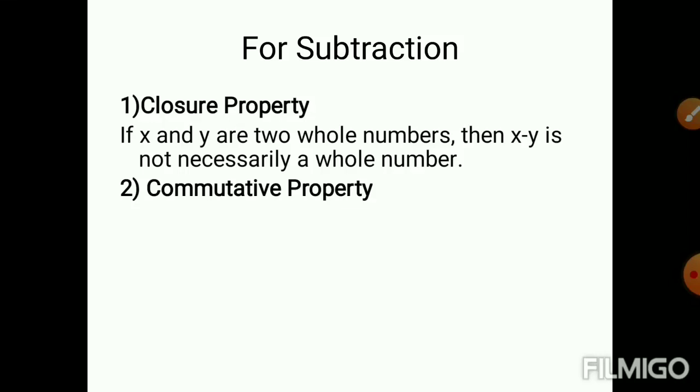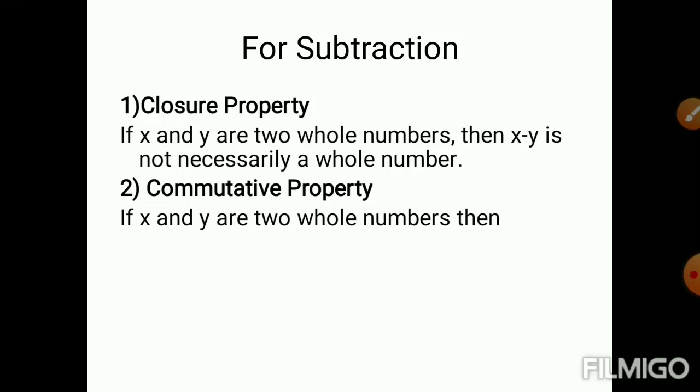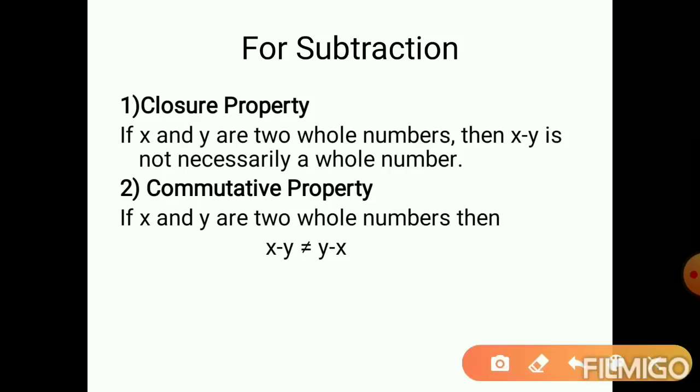My second property is commutative property. What does it say? It says if x and y are two whole numbers, then x minus y is not equal to y minus x. Verify this property. Take an example.